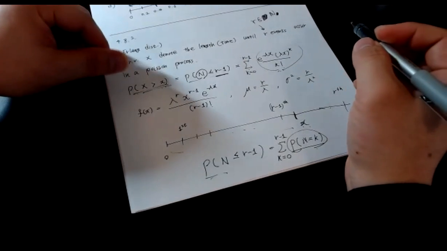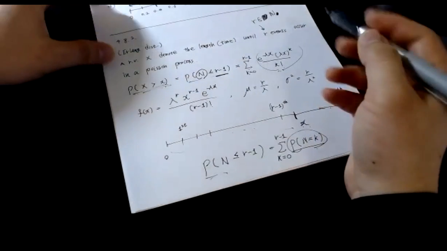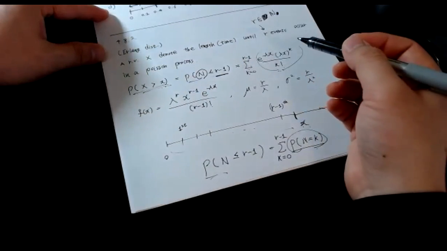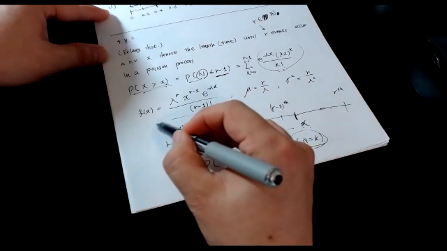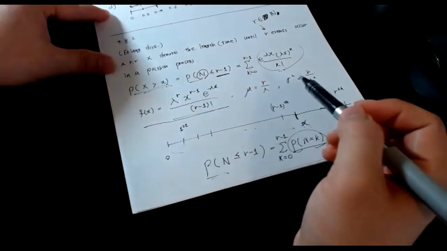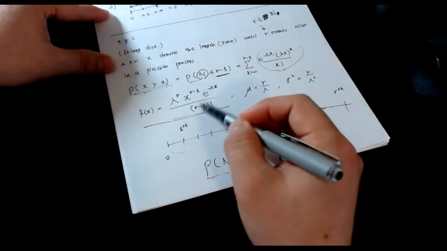Anyway, I skip the derivation. From here we can derive the PDF of the Erlang distribution, which is this. I know it's a little bit complicated, but please be familiar with this. Lambda to the r, x to the r minus 1, e to the negative lambda x, over r minus 1 factorial.